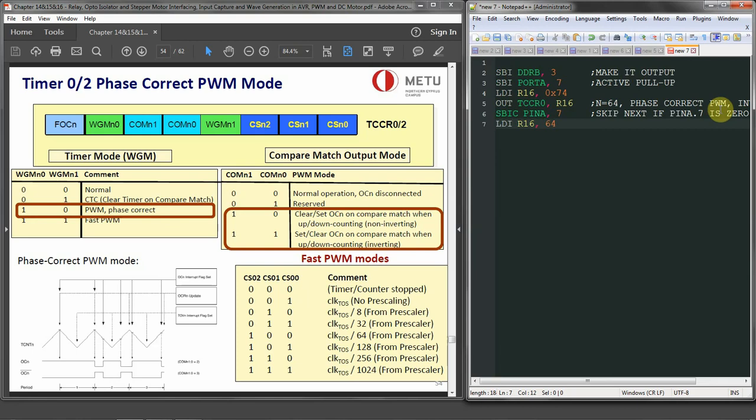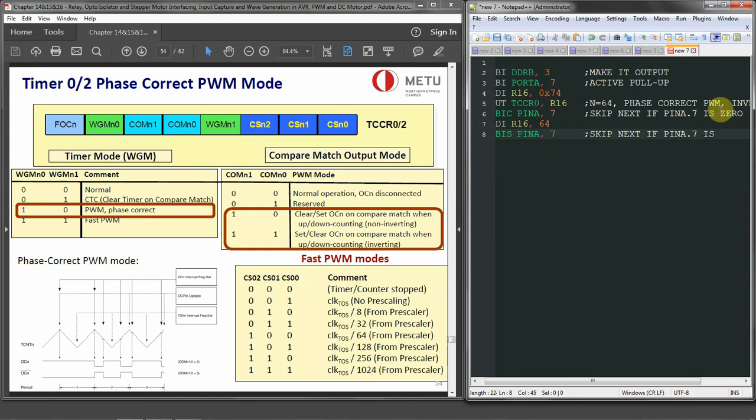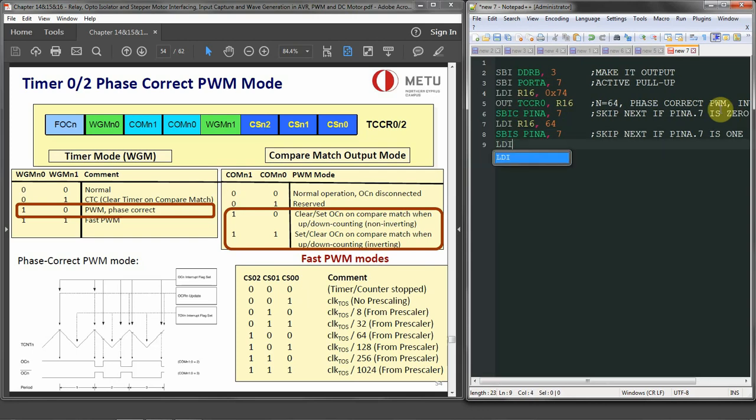So I just wrote 64 for OCR0, otherwise it will be pin A7 and skip next if pin A7 is 1 or set. In this case, LDI R16, it's going to be 128. So then out OCR0 value from R16, and then we have to repeat that.